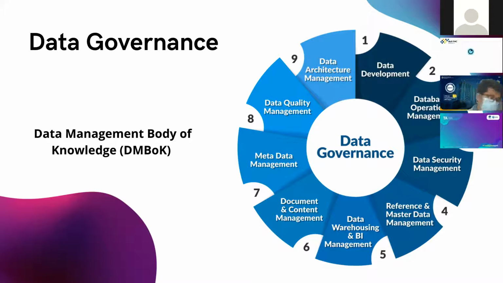All of these have to be integrated in a framework which can help an organization build things and prosper. From a data warehouse and BI management standpoint, the framework you're using for getting the data from various systems into your warehouse, and how you're doing it, all of those have to be cataloged and agreed upon, and a framework has to be built.